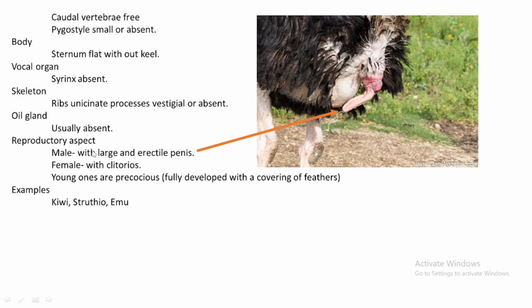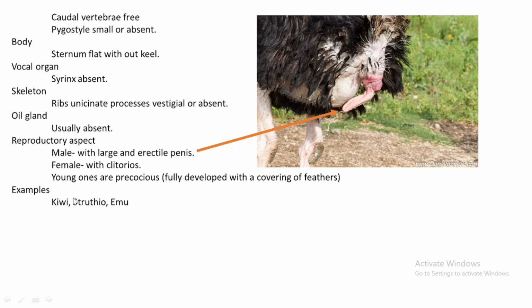Regarding the reproductive aspect, males have a large erectile penis. Females have a clitoris, which is somewhat similar to the penis-like structure in the male. Young ones are precocious. Precocious means they are fully developed with a covering of feathers when they are born.